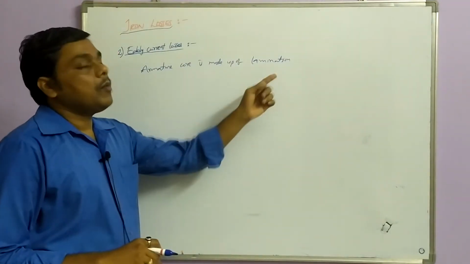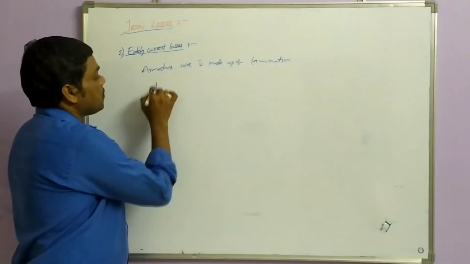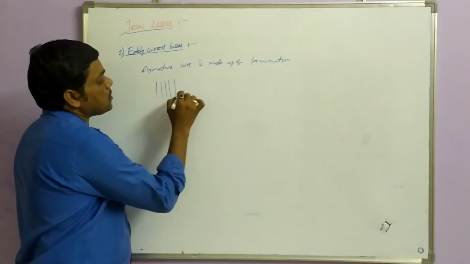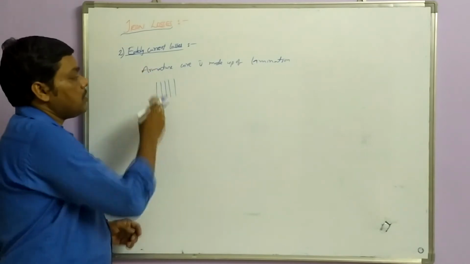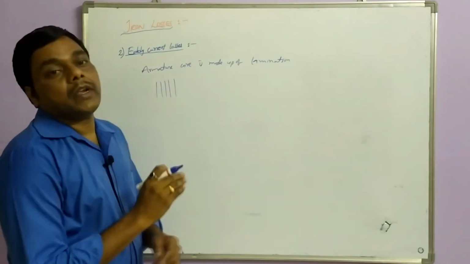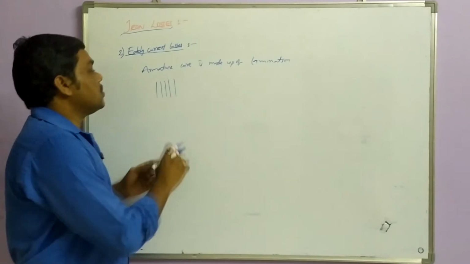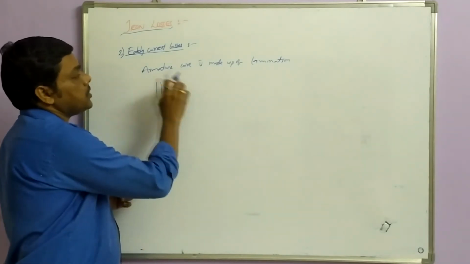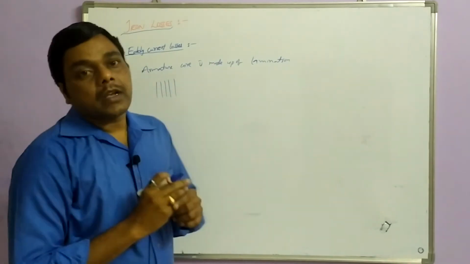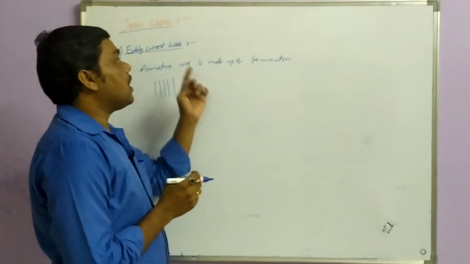It is not a solid one; all laminations are separated by varnish. So these laminations have a current induced, which is called the eddy current.